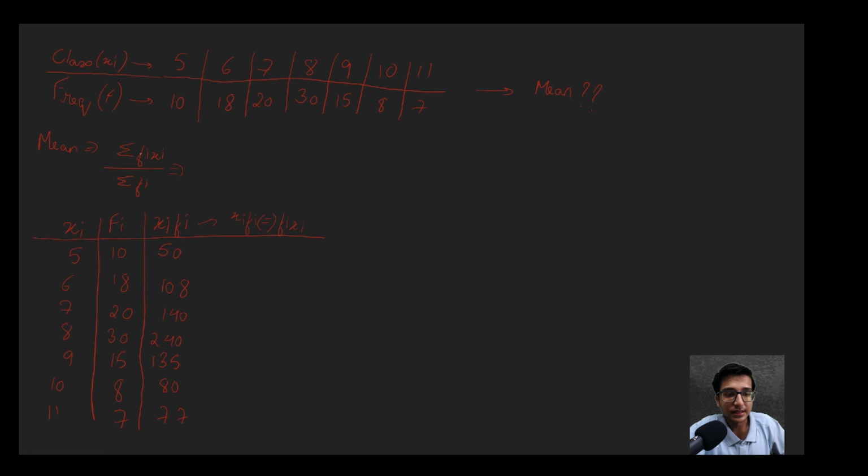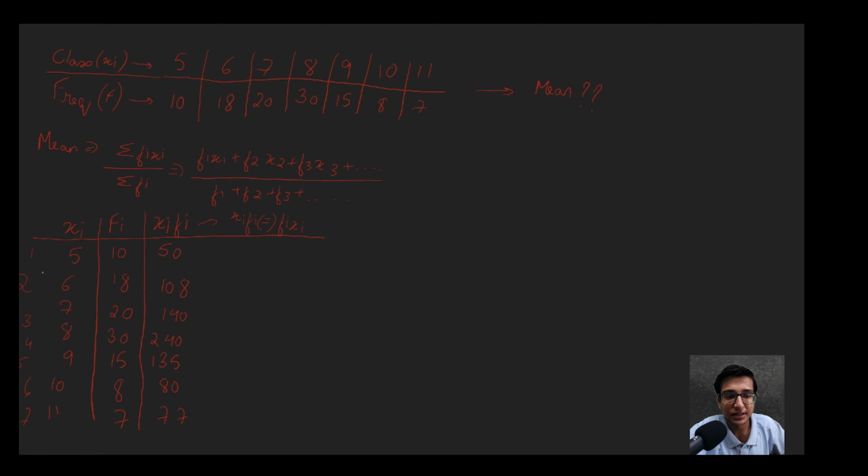So what does this formula basically indicate? This indicates f1 x1 plus f2 x2 plus f3 x3 and up till whatever number the data set has been provided, and this is f1 plus f2 plus f3 plus and so on. So you know this is the first term, this is the second term, third, fourth, fifth, sixth and seventh.